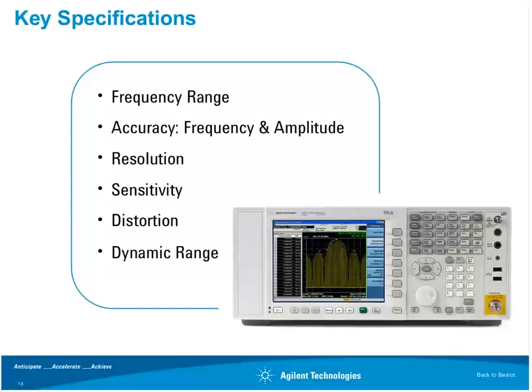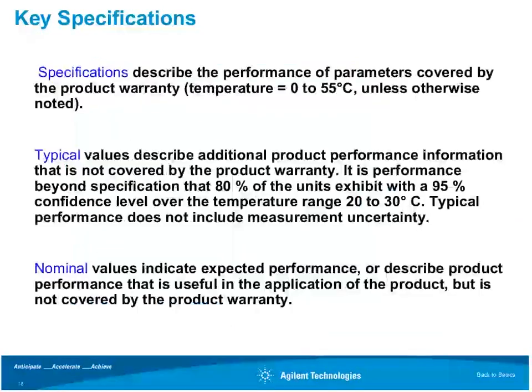We'd like to have confidence that the value we read is actually accurate. Resolution, sensitivity, distortion, dynamic range, these are all very important parameters that as we make measurements, you want to make sure that you have adequate sensitivity and freedom from distortion and so forth.